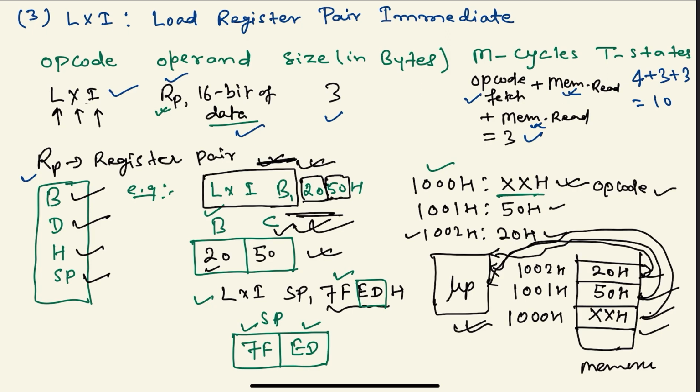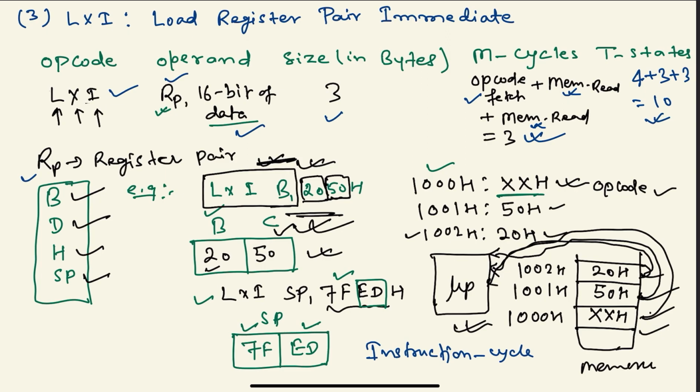Here, if someone asks what you mean by instruction cycle, this instruction has an instruction cycle which consists of 3 machine cycles, because as I explained earlier, an instruction cycle must have a minimum of 1 machine cycle. Here it has 3 machine cycles, and for the complete execution of this instruction 10 T states are required, meaning 10 clock periods.